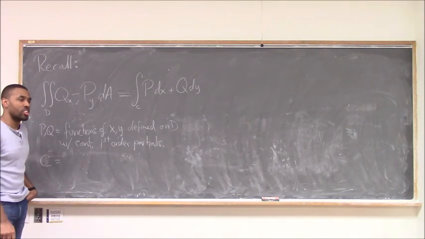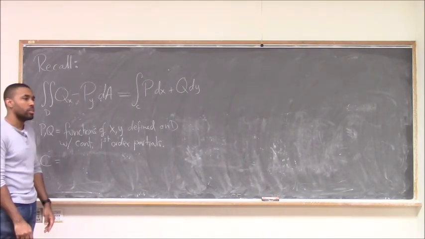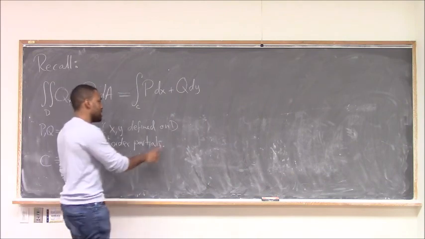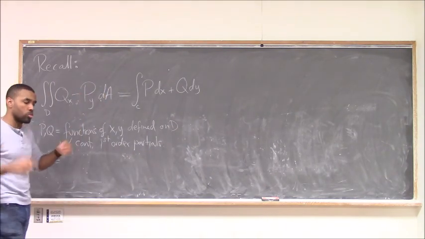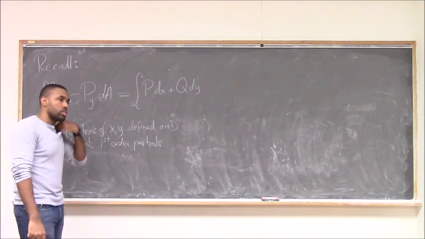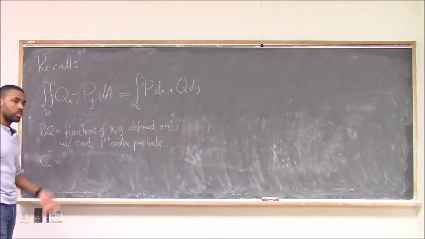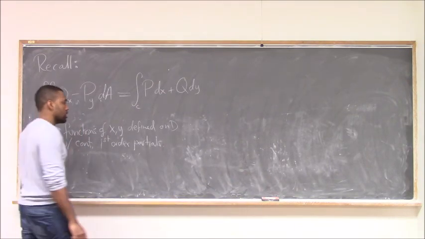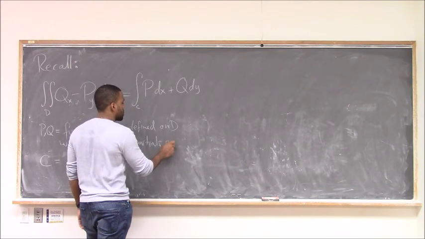There's another level. We'll talk about normal vectors in a bit, but it's not exactly the same as saying they're smooth. Remember, our definition of smooth was in terms of vectors. So P and Q here are not vectors. They're scalar functions, but they must have continuous first order partials on D.